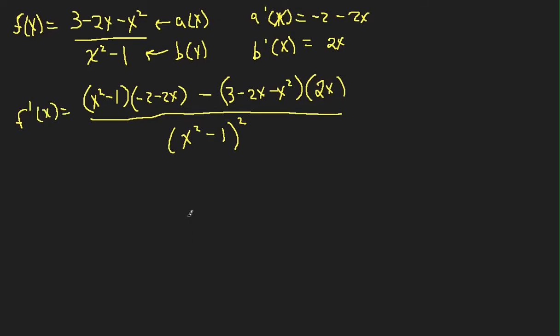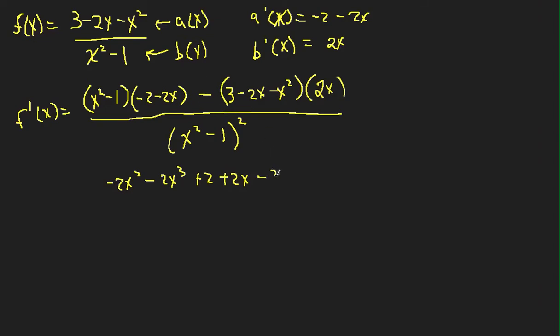Okay, so let's do some distributing on the top. Let's distribute the x squared first. We have negative 2x squared minus 2x cubed. Now I'm going to distribute the negative 1 as well, so let's distribute just this negative first.